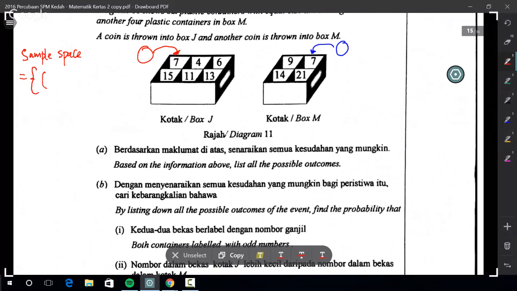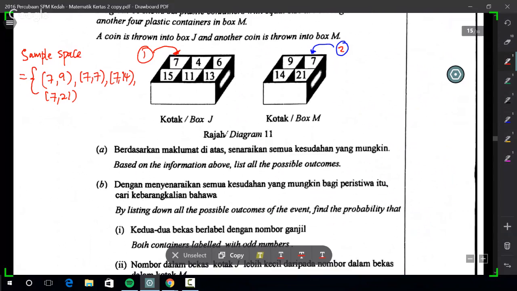Okay, so let's write everything. This one I call the first one, this one I call the second one. Let's say the first one is 7, the second one can be 9. The second one can be 7. The first one is 7, the second one can be 14. The first one is 7, the second one can be 21.